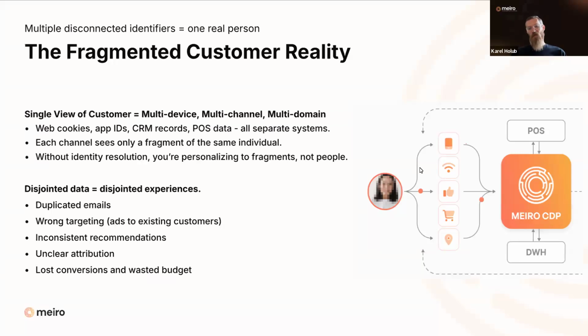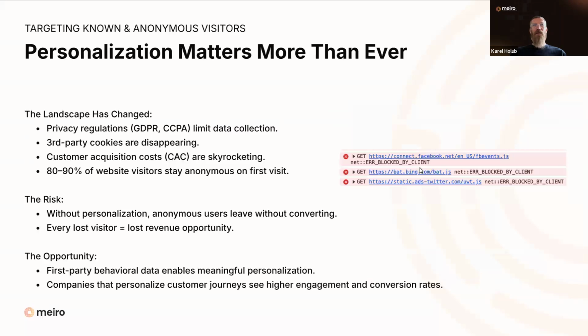Wrong targeting. We are very often seeing that the brands are wasting money in paid ads on the clients who are already converted. They are existing customers. So it's just a waste of time and money to target them again. Unclear attributions and inconsistent recommendations and so on. That would be just another bunch of examples where the incomplete identity would be an issue.